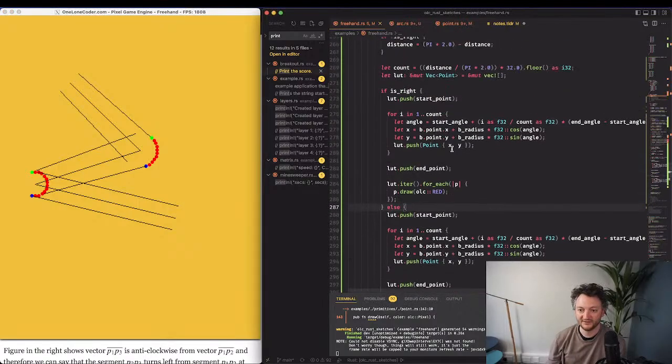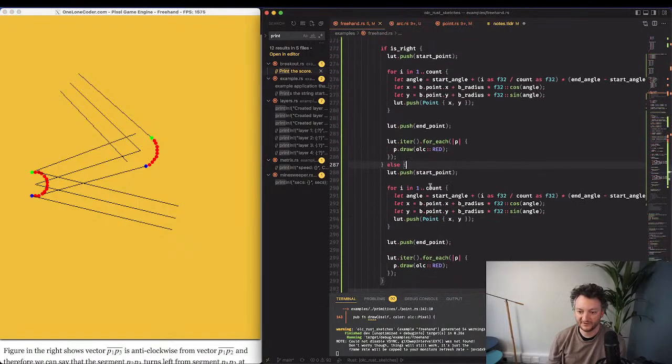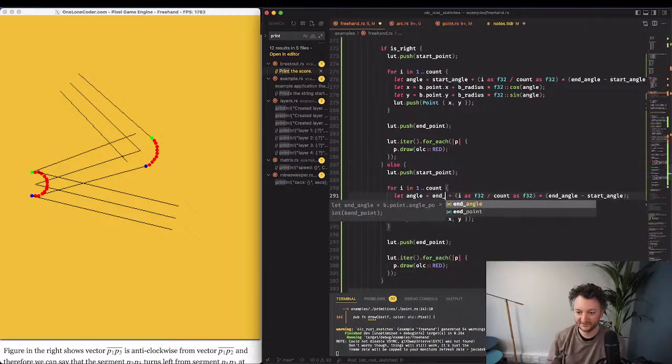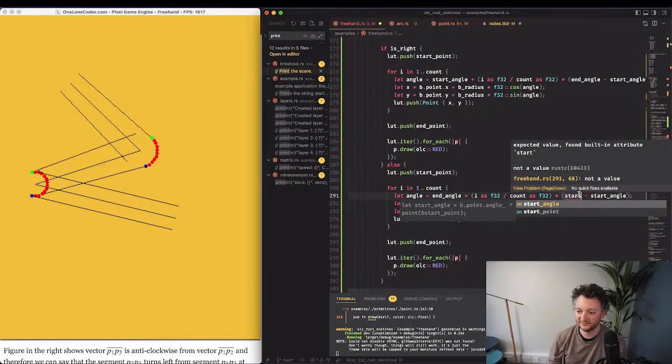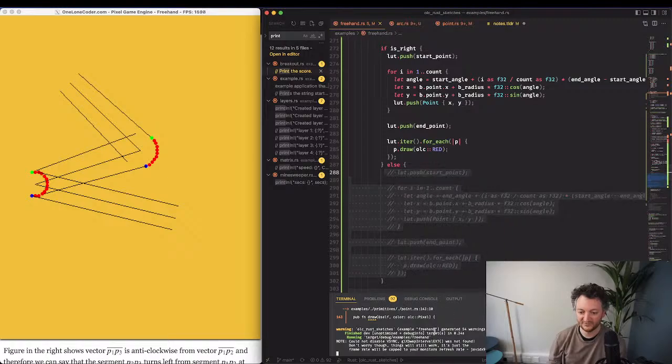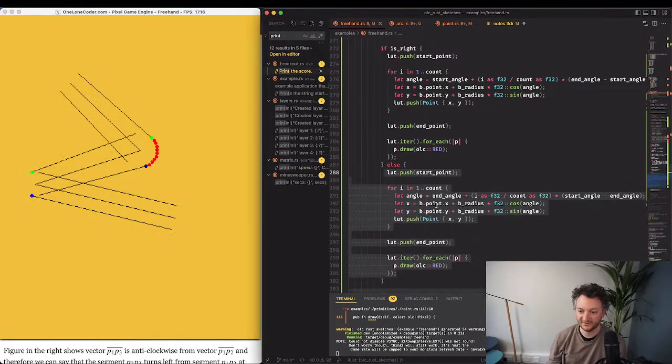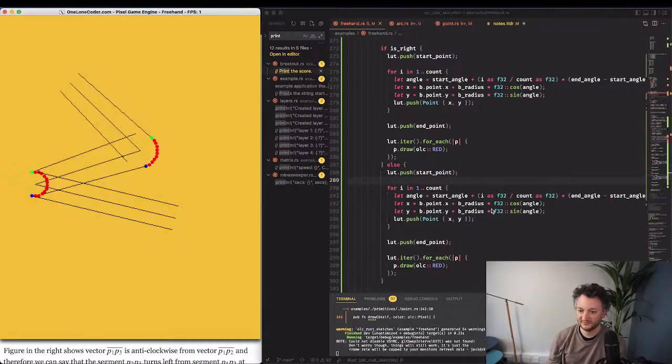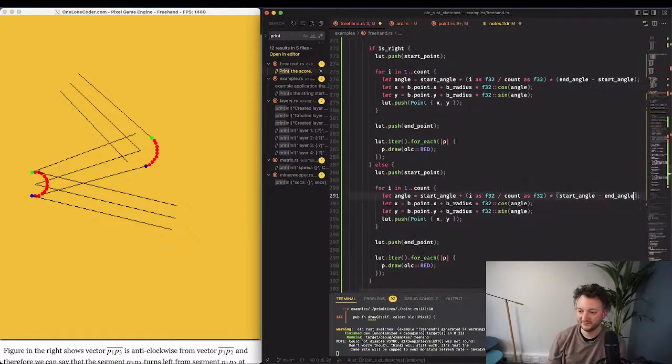Okay, but if we are drawing a left-hand curve, then let's start at the end angle and do start angle minus end angle. What about this, huh? No? What about doing nothing? Yeah, okay, so that'll just do it backwards. Start angle, end angle.